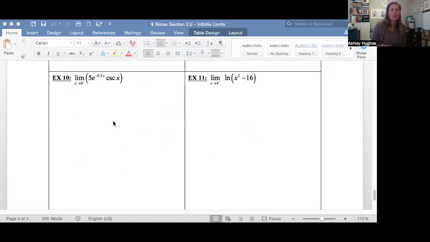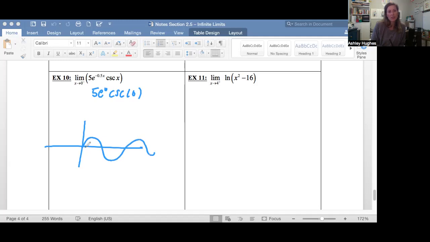All right, plug in 0 from the left. So e to the 0 is just 1. So we have 5, e to the 0, cosecant of 0. Well, cosecant is the reciprocal of sine. So sine looks like this. This is 0. This is pi over 2. This is pi, 3 pi over 2, 2 pi.